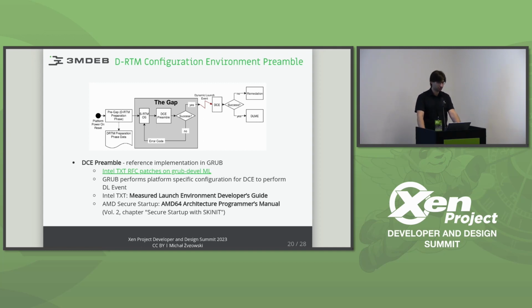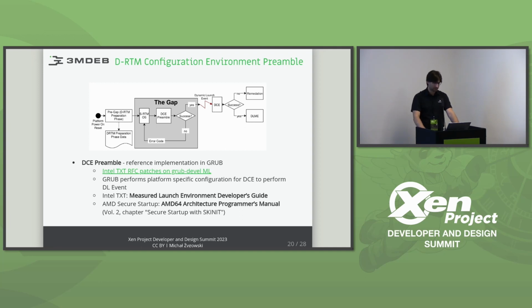So in short, it just prepares the CPUs and the TPM for the dynamic launch event. There are some specific requirements about the TPM state and the CPU state before the DRTM can be initiated. For Intel, it also sets up necessary structures in the memory, so addresses of the software which is supposed to be measured, where the event log is to be found, and other stuff.